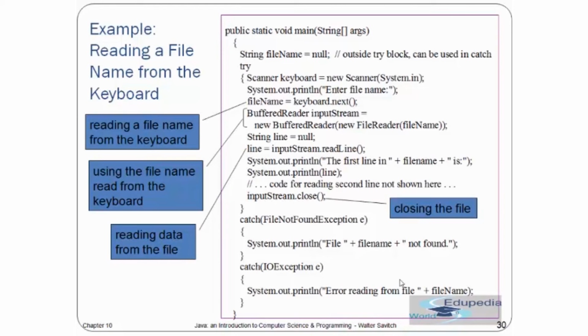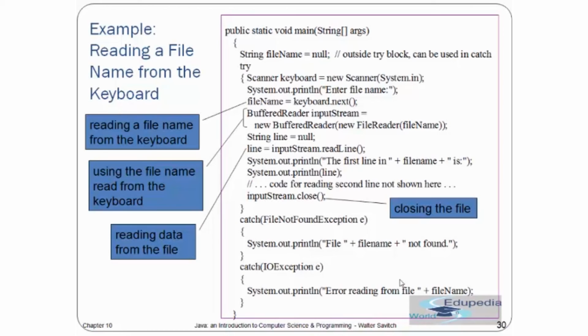It will keep on reading the whole line till it encounters the enter character. Fine. So it will read the line. After that, you can print that line. Over here we are simply printing that line, saying the first line is whatever the first line is, and then we are closing the file. So it's a very simple program.